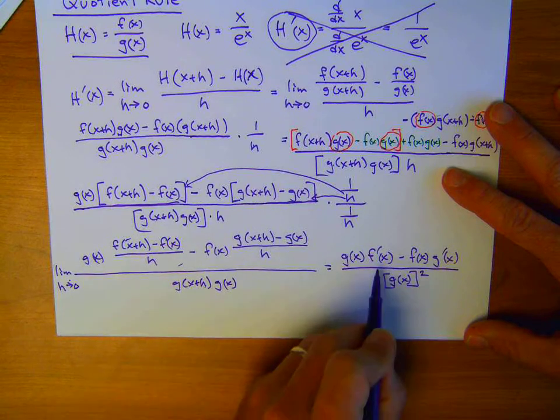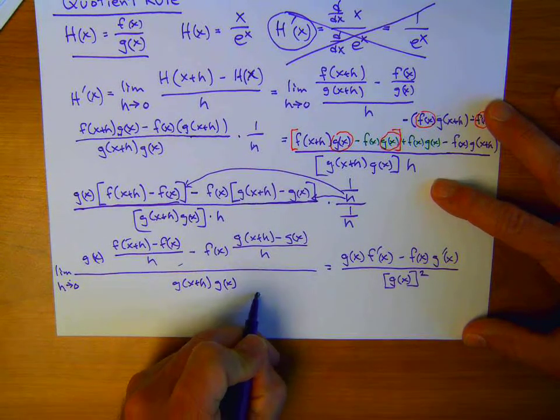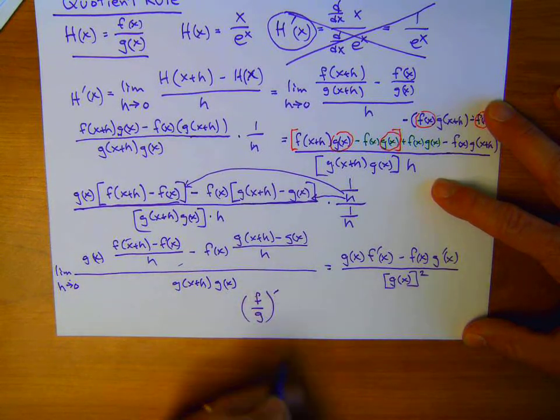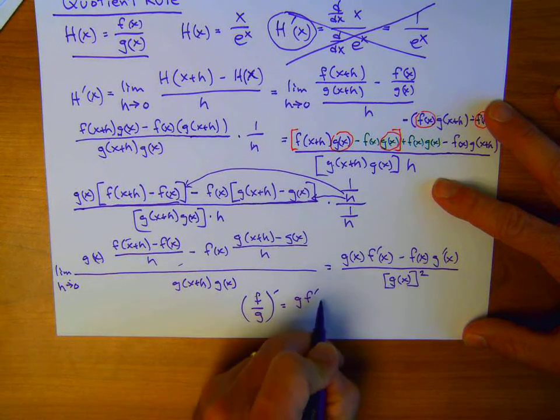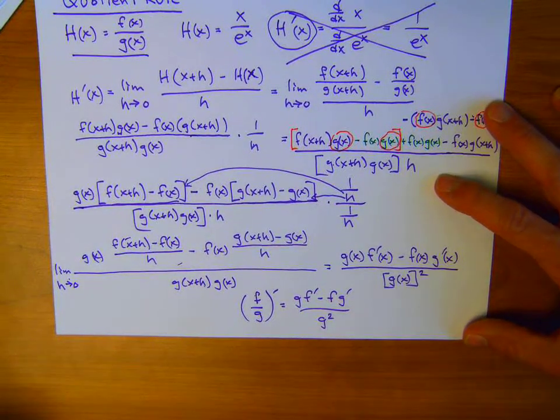I just want to write this in a way that would be easier to remember. If I have f divided by g, and I'm taking the derivative, it's g f prime minus f g prime over g squared. That is the quotient rule.